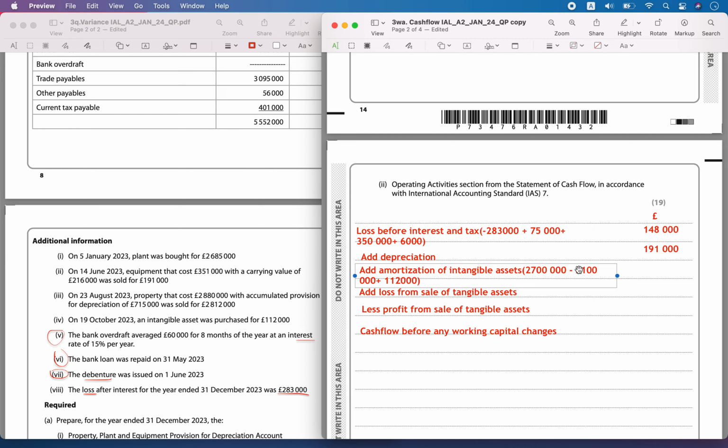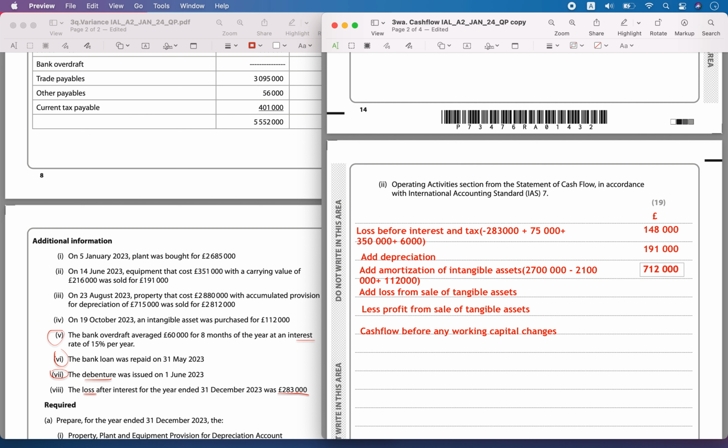So that is going to be equal to 700,000 minus 100,000, plus 112,000.